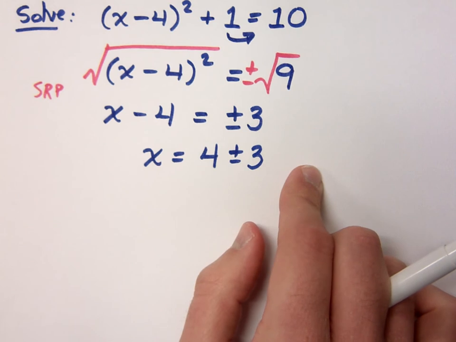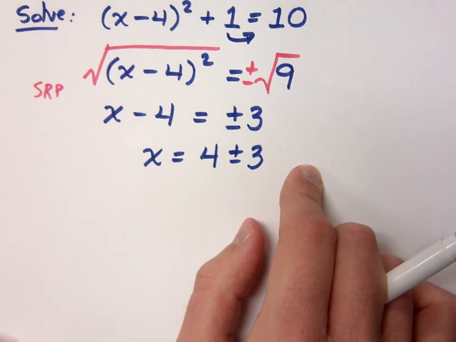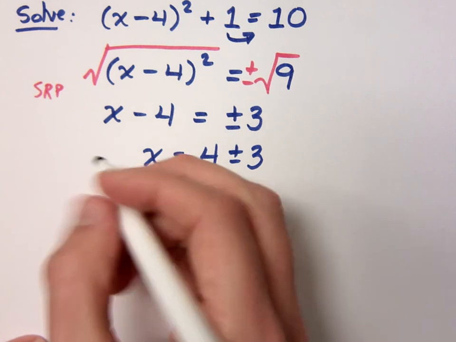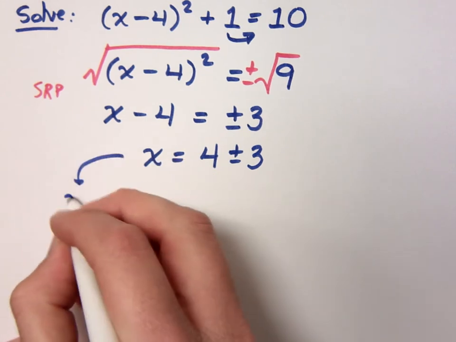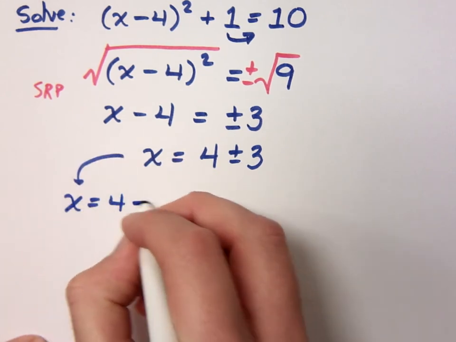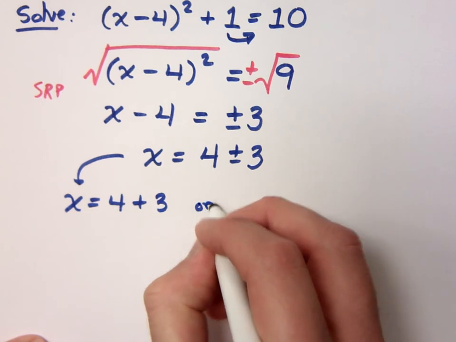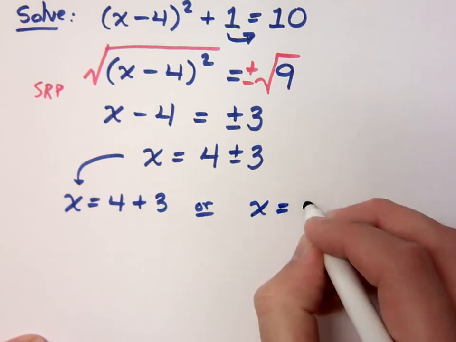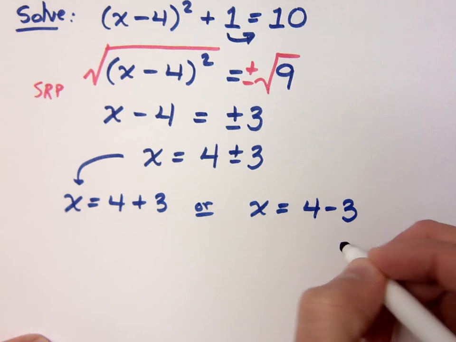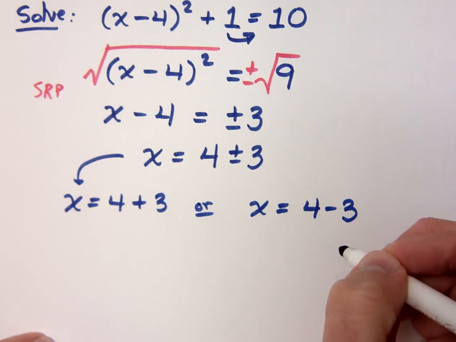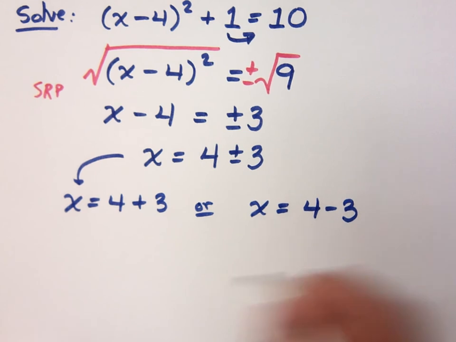So this is a quadratic equation that has 2 answers. Where are you getting 2 answers? 4 plus or minus 3. Understand what this means if I were to separate these answers. That means x equals 4 plus 3, or x equals 4 minus 3, because normal quadratic equations have how many solutions? 2.